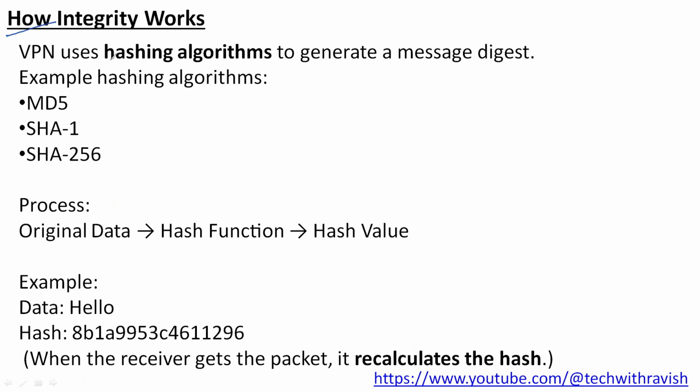Integrity uses a hashing algorithm to generate a message digest. So there can be MD5, SHA-1 or SHA-256 hashing methods, right? The original data will go through the hash function, then a hash value will be generated and encrypted data will be generated.